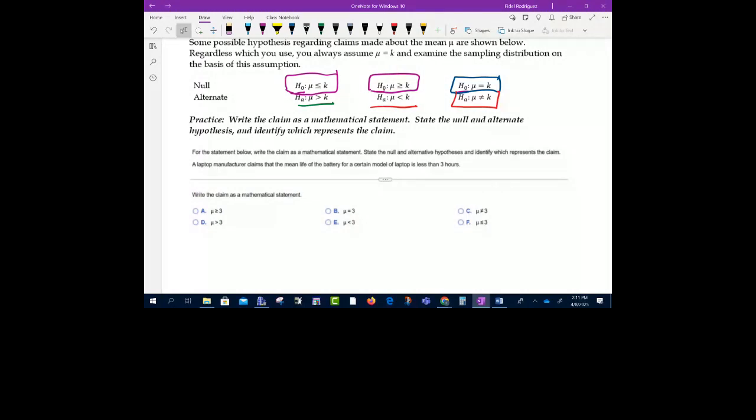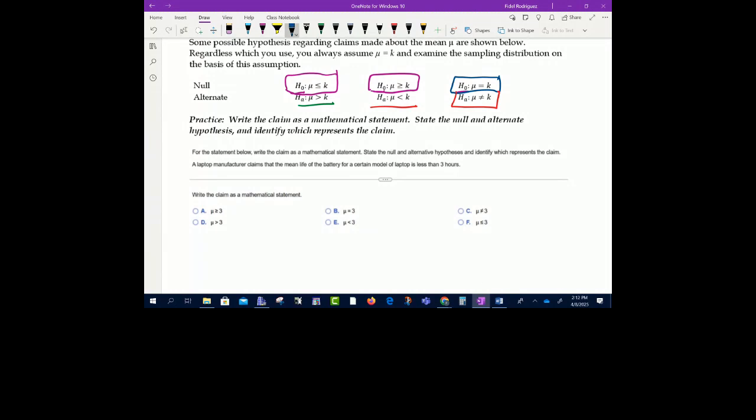So the question here says, for the statement below, write the claim as a mathematical statement, state the null and alternative hypothesis, and identify which represents the claim. A laptop manufacturer claims that the mean life of the battery of a certain laptop is less than 3 hours.